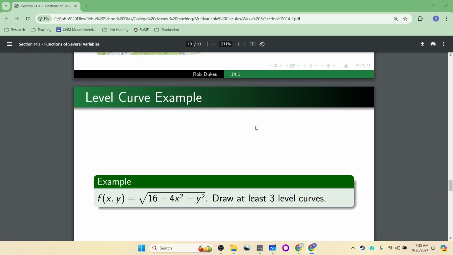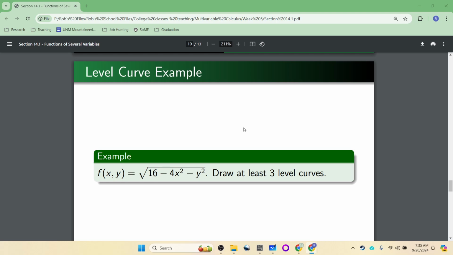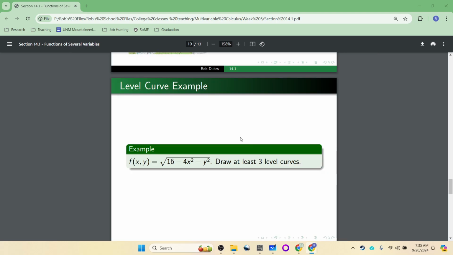Okay, so let's draw some level curves of this one. We kind of already did just earlier, but we will be a little more specific.